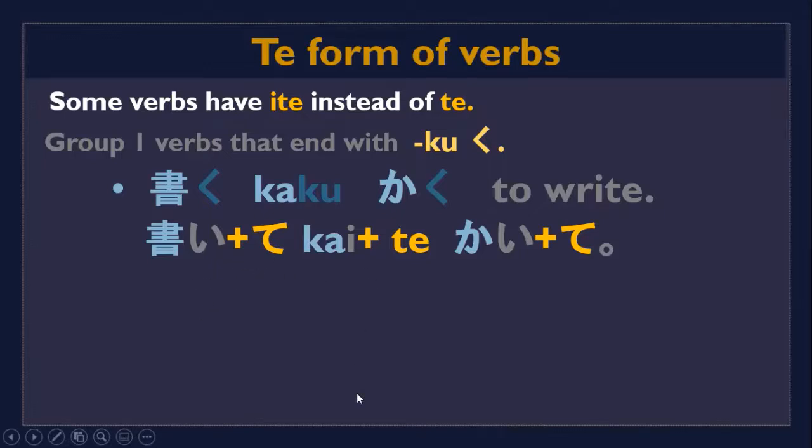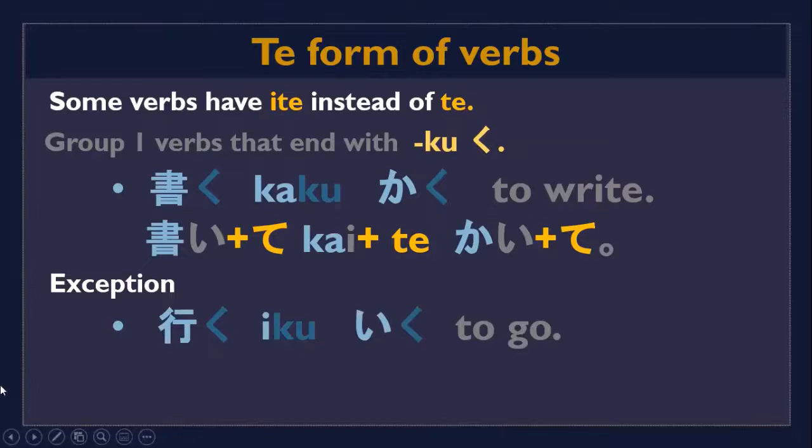Okay. Now, not all verbs that end with ku will have the same rule. There is one exception here. The kanji for to go is this. So it is pronounced iku. So this is i and ku.